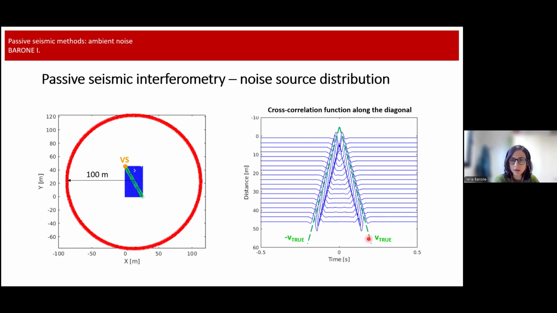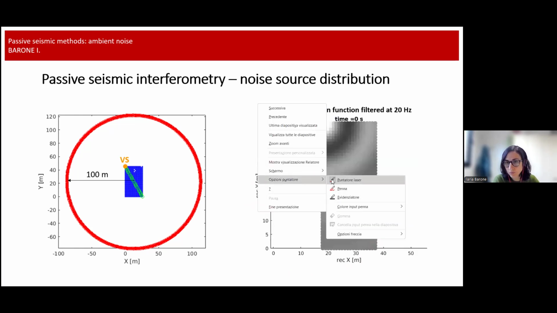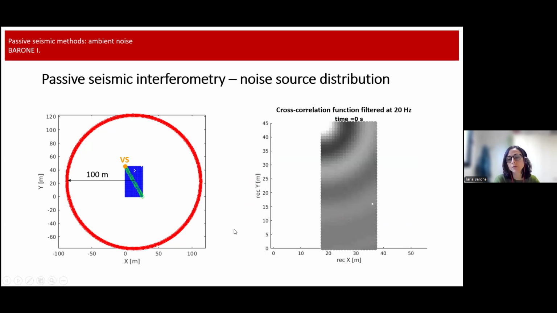Now, first of all, I also want to show you what happens if we compute the cross-correlation for all receiver pairs, taking this as virtual source, but now we take all the receiver pairs for all the receivers in this rectangular area.